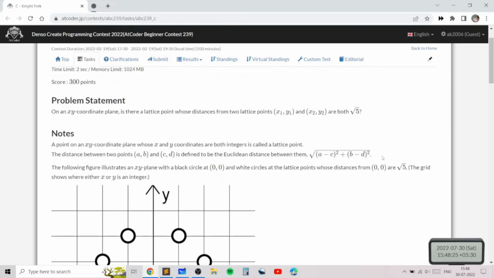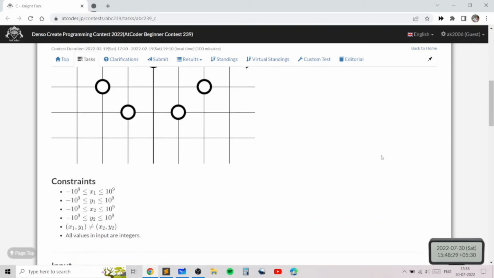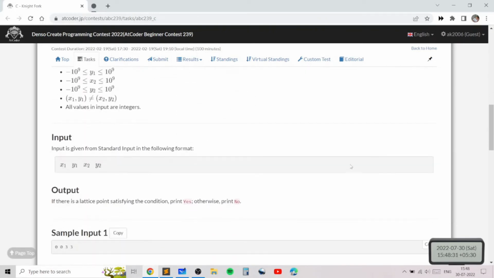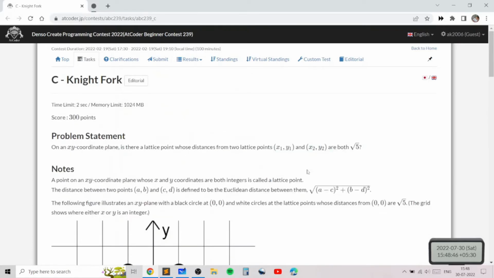We need to manually check a number of close points. So we need to check points which are close enough to both x1, y1 and x2, y2. Let's understand which values of x comma y are possible candidates for this condition to be met.